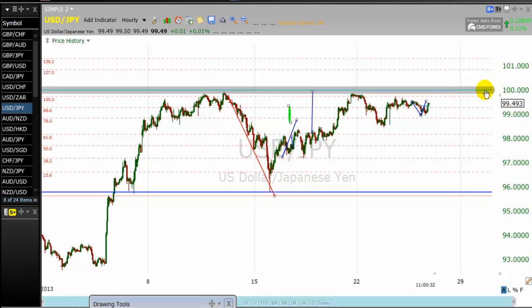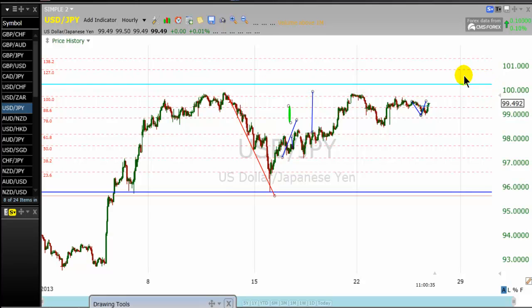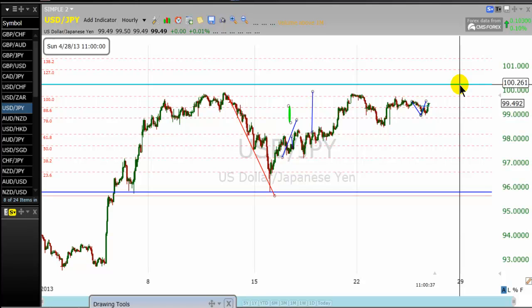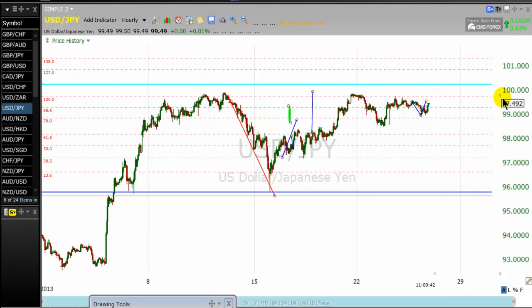Now, in this zone, it's not exactly there, but it's this zone, 100.22. Somewhere in this zone, we want it to go back up there, because the psychological price level is 100.00.